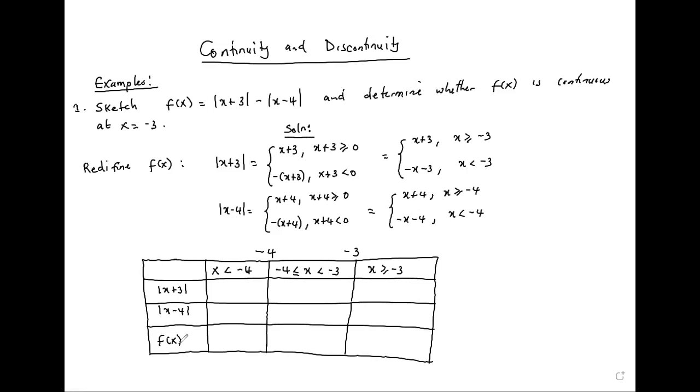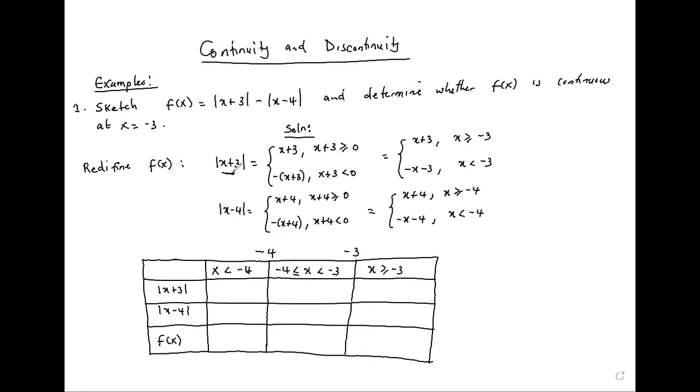Then we go to the piecewise redefinition of each piece. What is the value? Which function do we pick? Which piece of this function do we pick in the interval x less than -4? So you go to the functions.